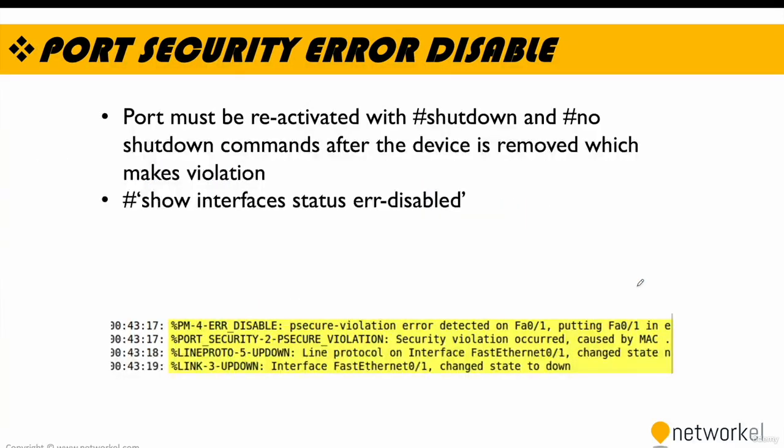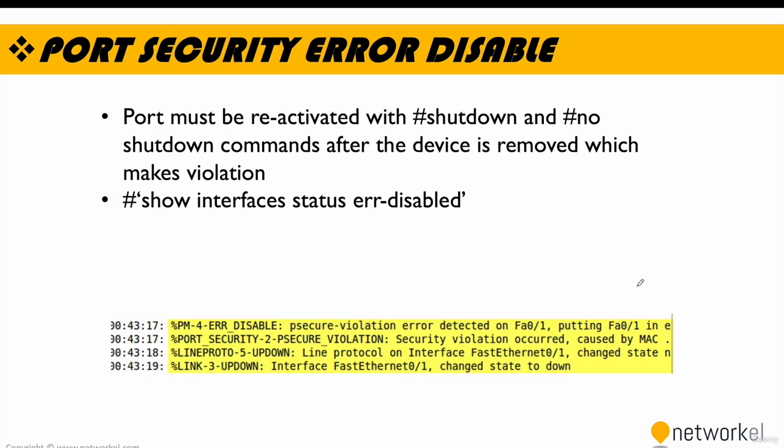So if you remember a few slides before, I told you there is something called error disabled. So port security error disable occurs, guys, when a switch port is put into an error disabled state due to a security violation, such as when a device with an unauthorized MAC address attempts to connect. So this is basically a protective measure to prevent potential security breaches.